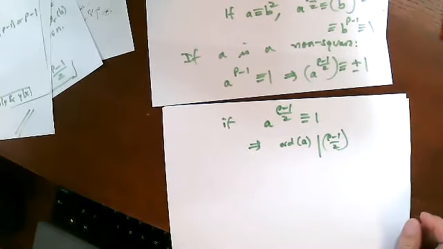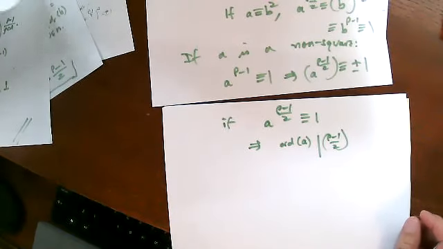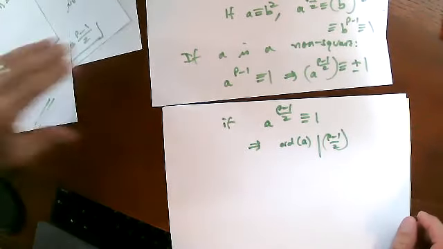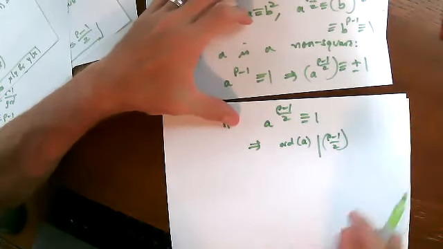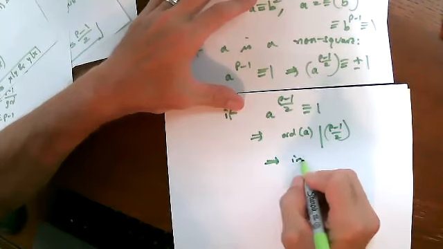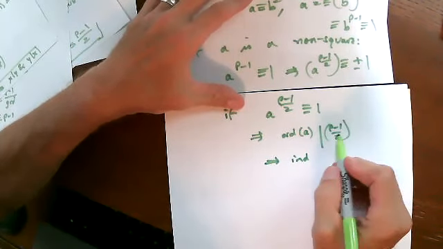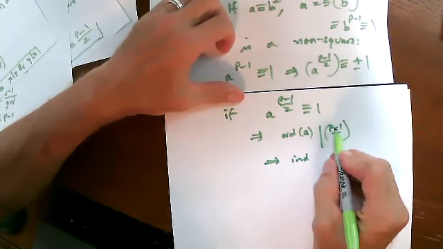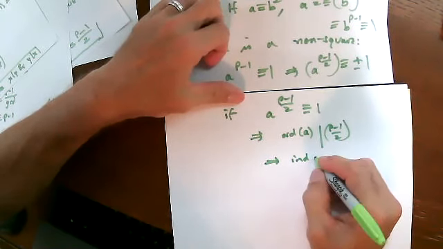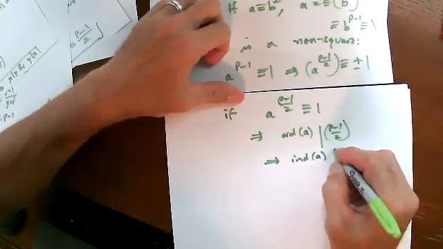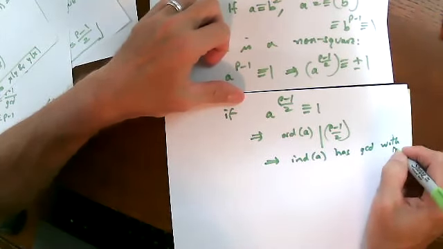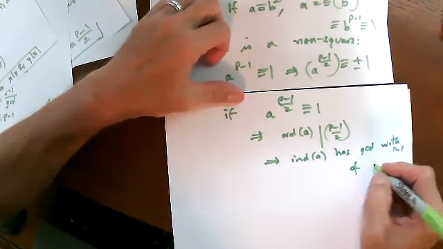And that's the result that I mentioned in the middle of the proof of the previous one, that was calculating the order in terms of the index. In this case, that would tell us that the index has to be even. It has to have a GCD with p-1 that's a multiple of 2.